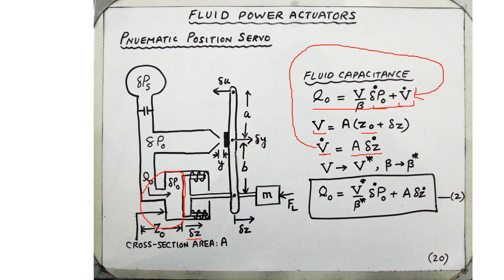But what about the other part of the expression containing only V and beta? Those are actually time varying quantities, and we have approximated them by their mean values V static and beta static. So the final expression: flow rate equals V static divided by bulk modulus beta static times delta P naught dot plus A times delta Z dot.